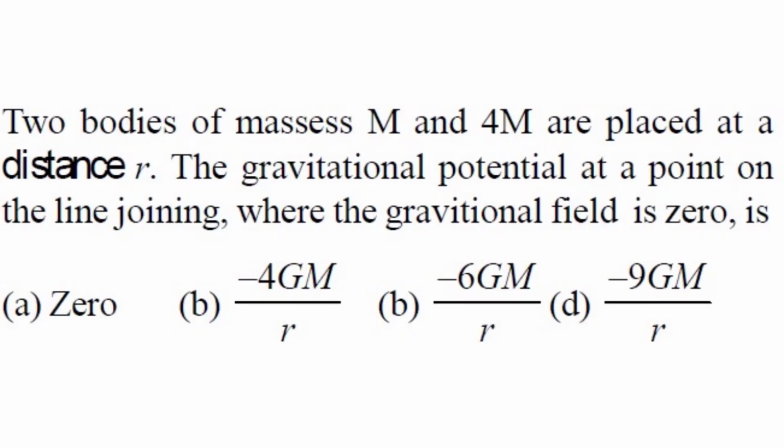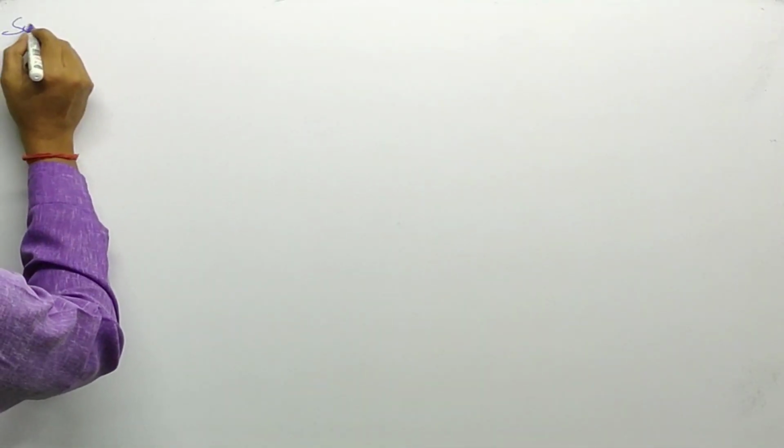Two bodies of masses M and 4m are placed at a distance r. The gravitational potential at a point on the line joining them where the gravitational field is 0 is. Solution.